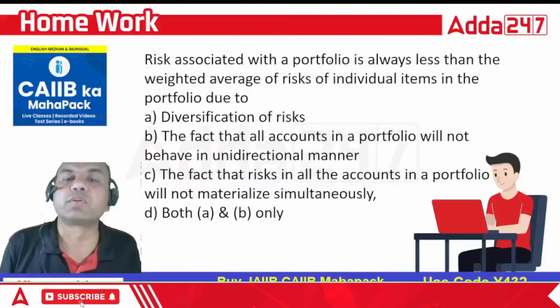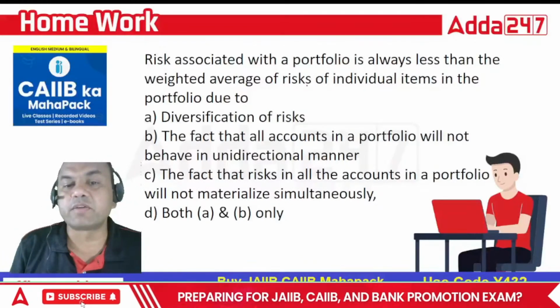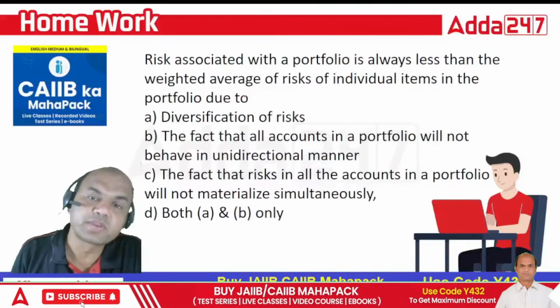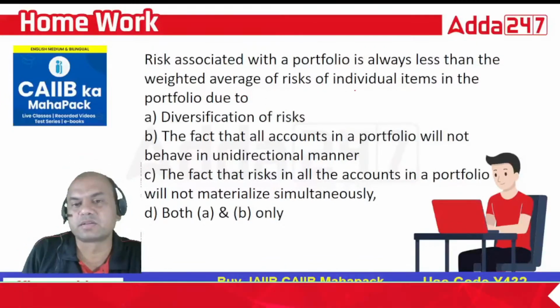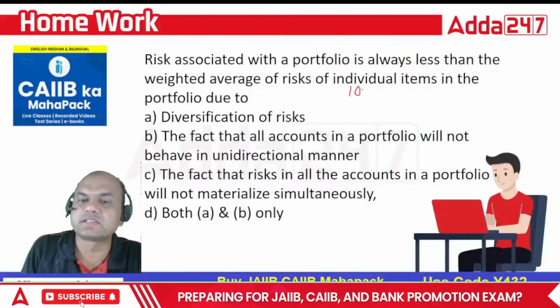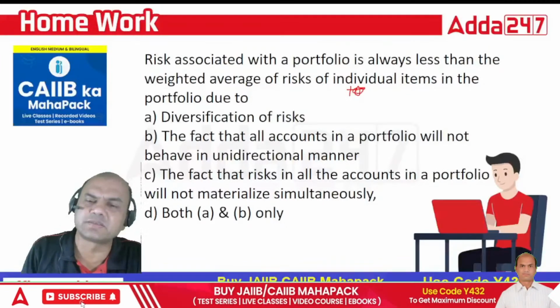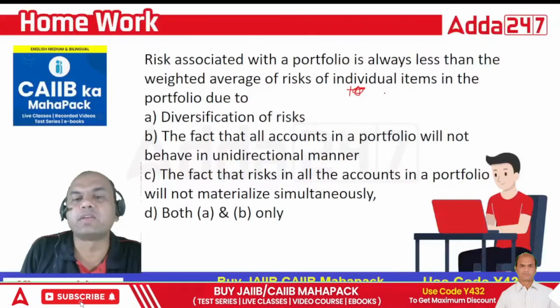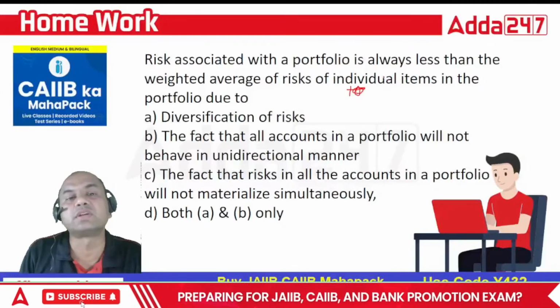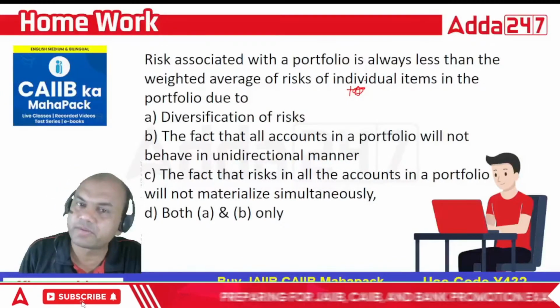Risk associated with a portfolio is always less than the weighted average of the risk of individual items in the portfolio, due to what? Suppose I am having 5 shares, 10 shares, or, why not give this example, a mutual fund. If I invest 10,000 in a mutual fund, the risk is less, whereas if I invest 10,000 in a single share, the risk is more. Why?